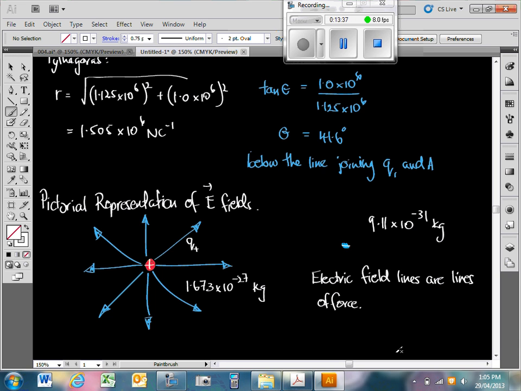Can anybody tell me what an electric field is? The electric field is a modification of the area around some charge, whatever that may be, that charged particle or just charge, we say. And what is that modification?